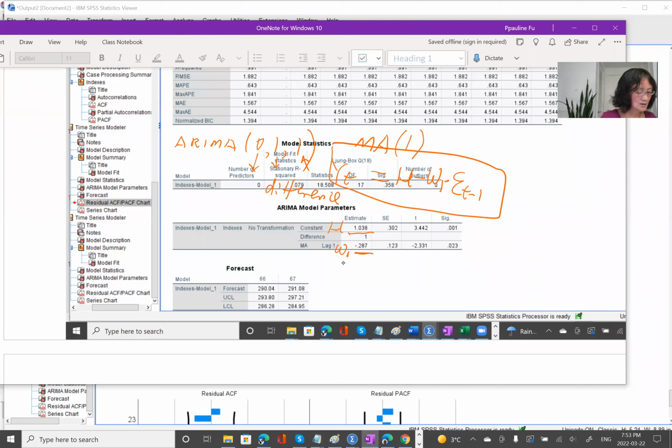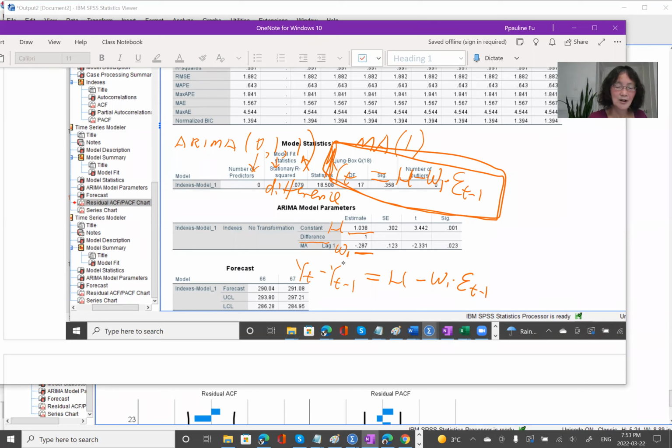Remember we also have the difference, so the general model is this one. Because we also did the difference, you write y_t minus y_{t-1} to reflect the difference, equal to mu minus omega 1 times epsilon t minus 1. This is our model.